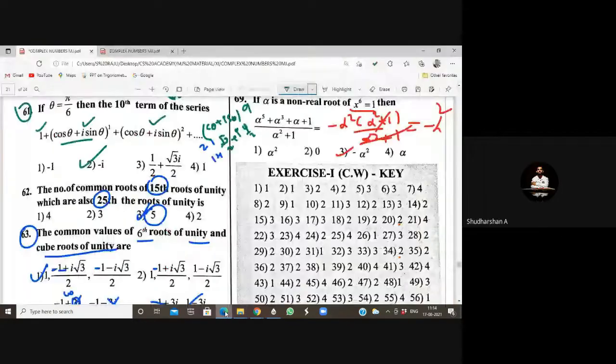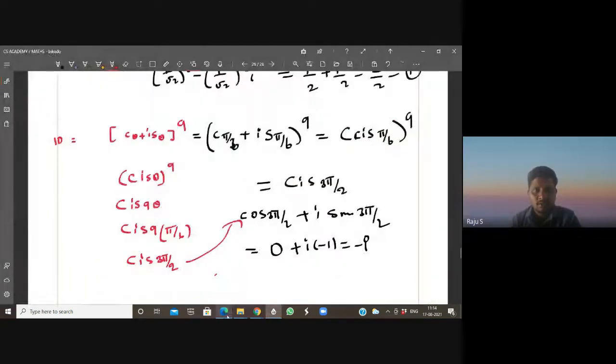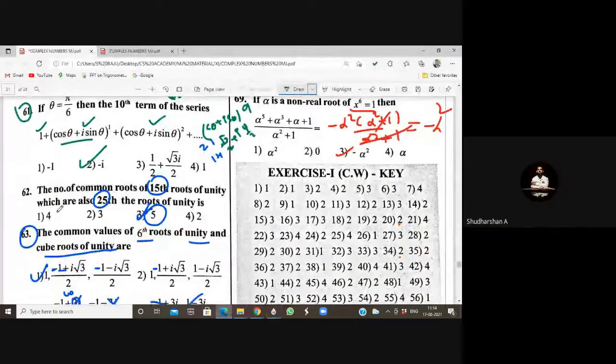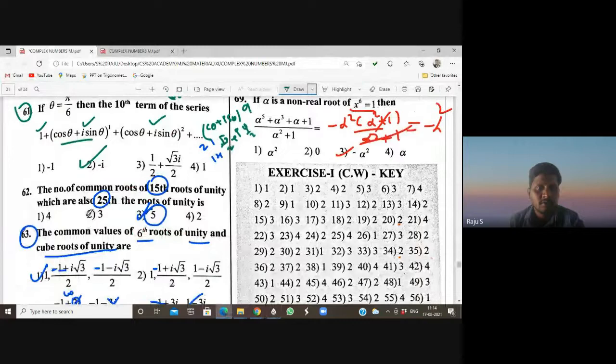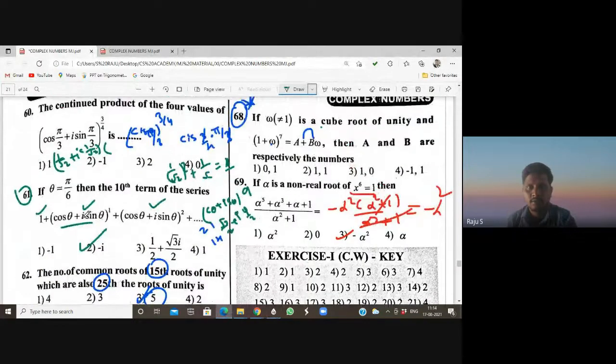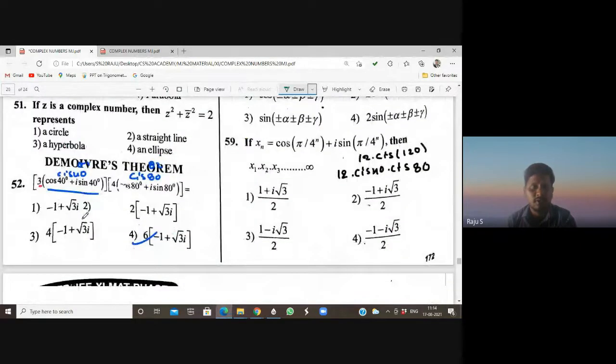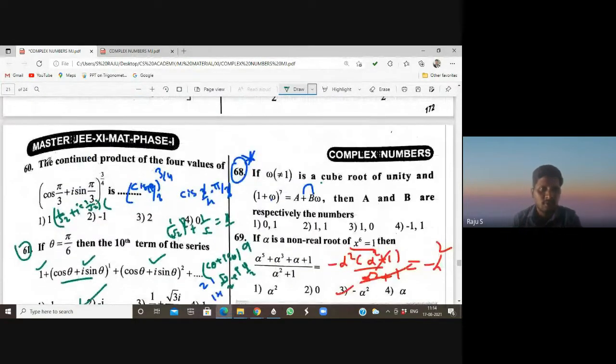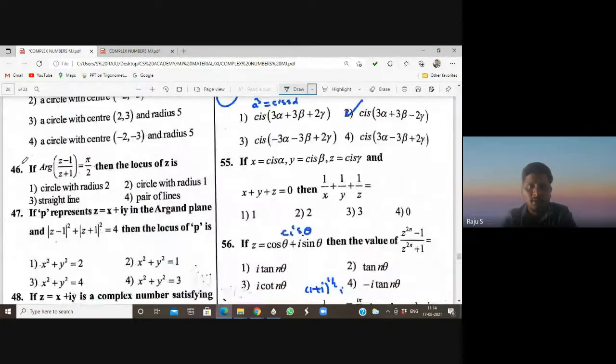Sir, can you explain the 60th question again, sir? Which one? 60th question. Yes, sir, 60. 60, right? Okay. This one, I can explain after explaining the other concept.